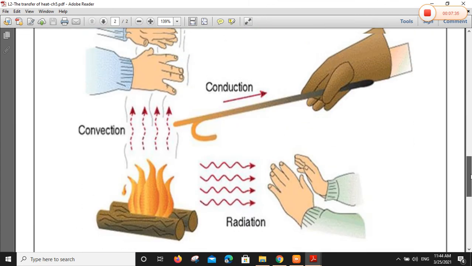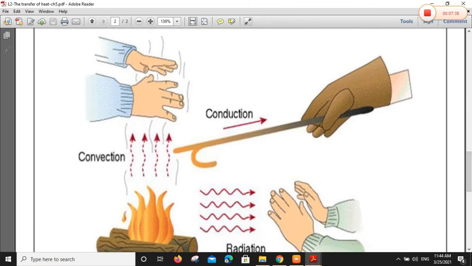Look at this example of conduction through a metal stick. The heat from the fire can transfer through the metal stick by conduction, and the heat can also transfer to the hands by convection, directly above, because the lighter particles rise up and the denser ones fall down, gain energy and rise up again, and so on.